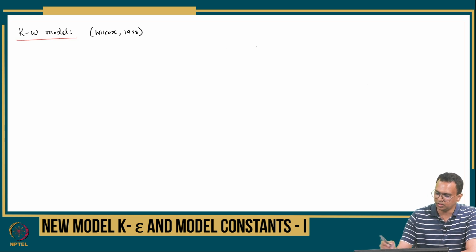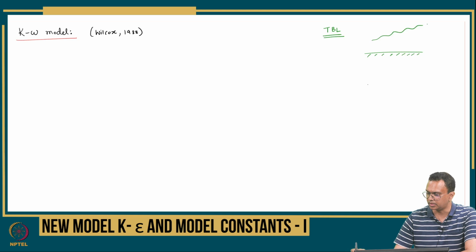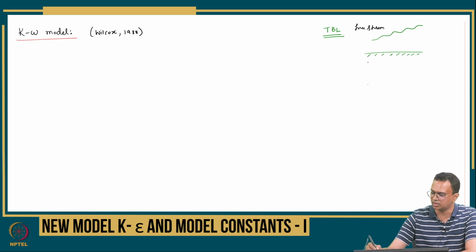Let's look again at a turbulent boundary layer, the same example. We have a wall and then a turbulent boundary layer growing over it. What are the boundary conditions that are required? We have the velocities, u bar, v bar, w bar, which require boundary conditions both in the free stream, if you are going to simulate a turbulent boundary layer, and on the wall.